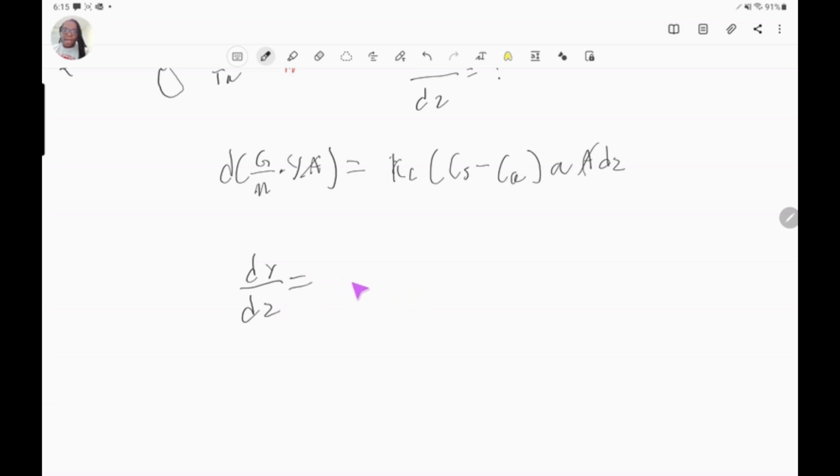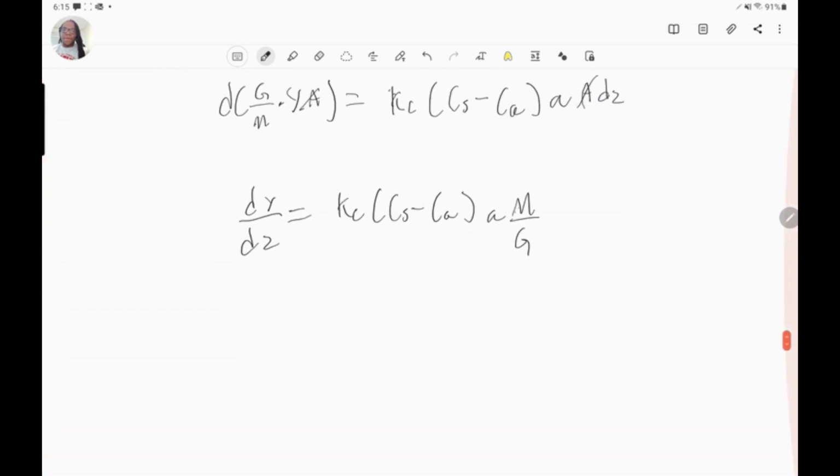Our dy, and then over here we're going to have our kc times our concentration at the surface minus concentration in the air, multiplied by a over m over g. What we know from earlier is that these can be broken down into P over RT, partial pressure over RT.